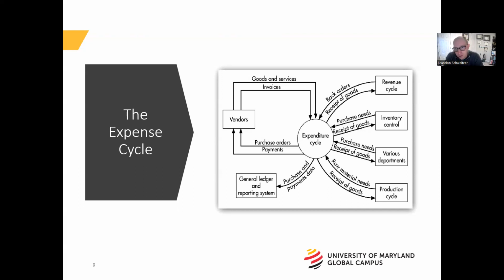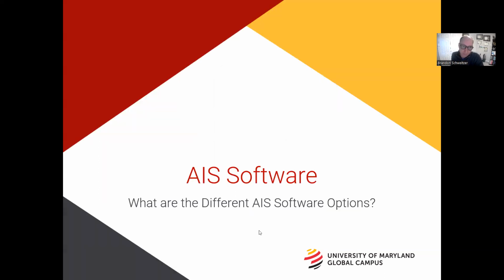Other departments have needs, they send a request, we execute a purchase order, and then we ultimately get a bill, et cetera. So every time there's a transaction involving the company paying something to someone, the expense cycle is involved. So this is a good representation of the expense cycle.